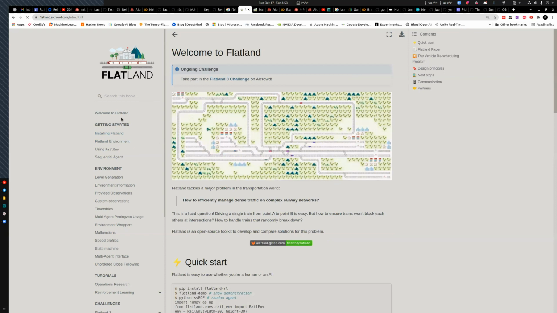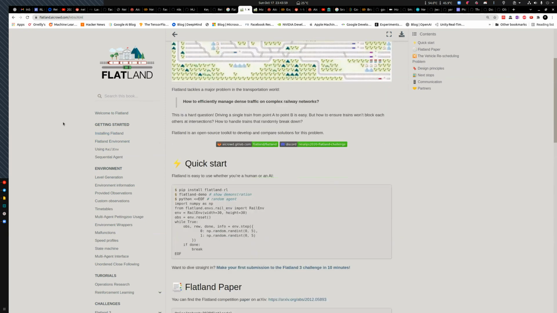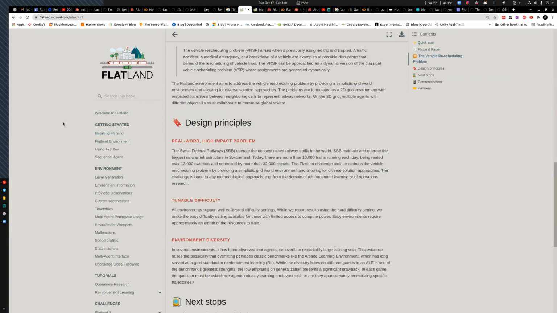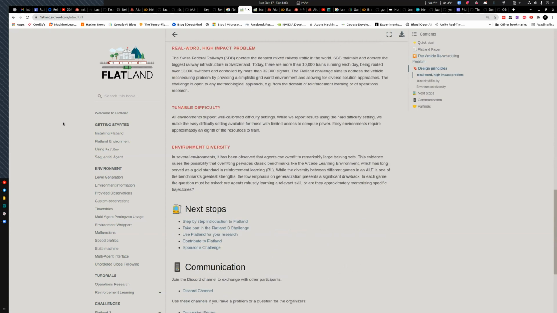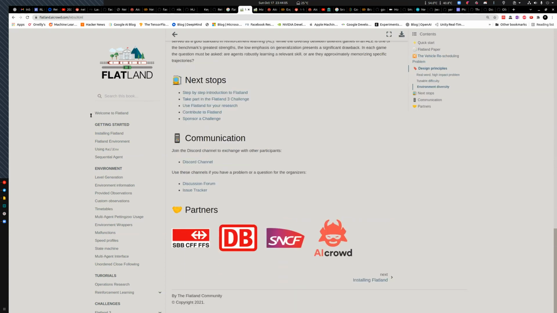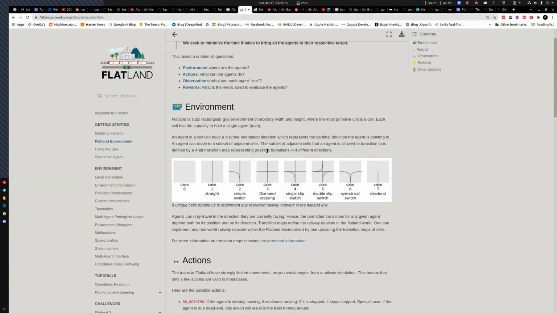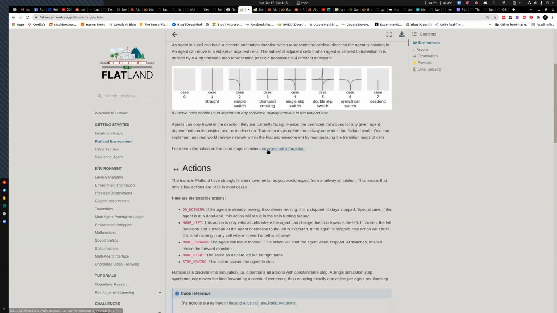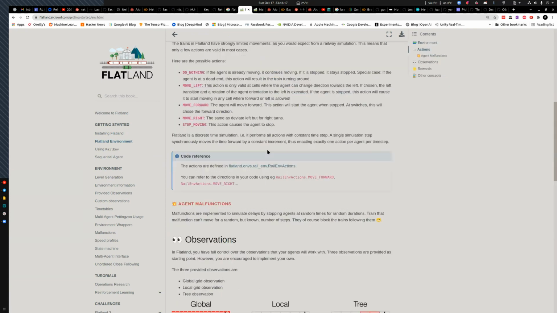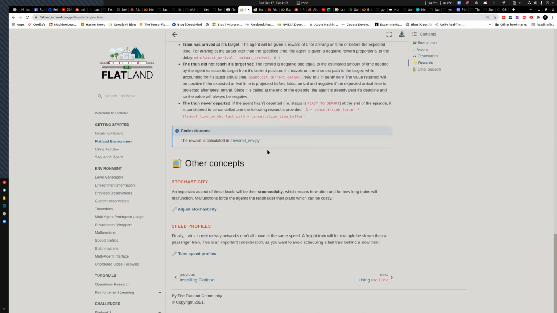So this is the challenge: how to efficiently manage the dense traffic on complex railway networks. It's basically a vehicle rescheduling problem that they have tried to solve, and I will show you a basic reference as to how this works.